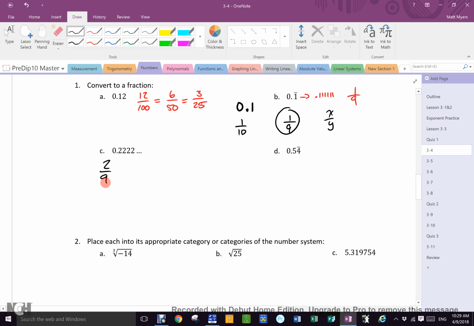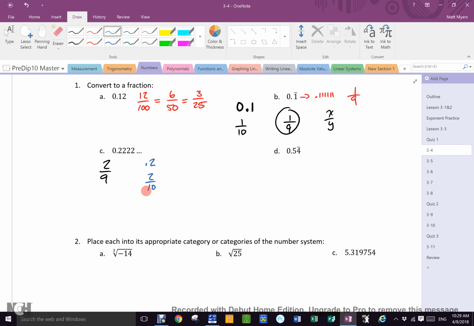Right? Because 0.2 would be 2/10. This is slightly bigger than 2/10, and the denominator has to be slightly smaller than 10, but still be an integer. Everybody good? All right.